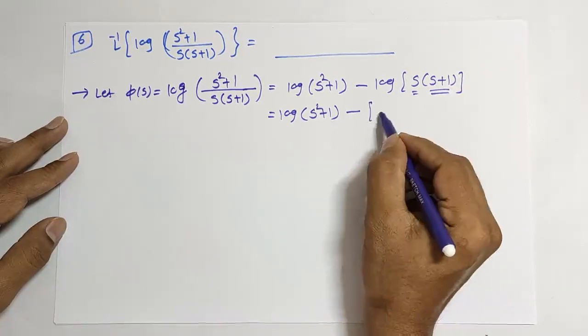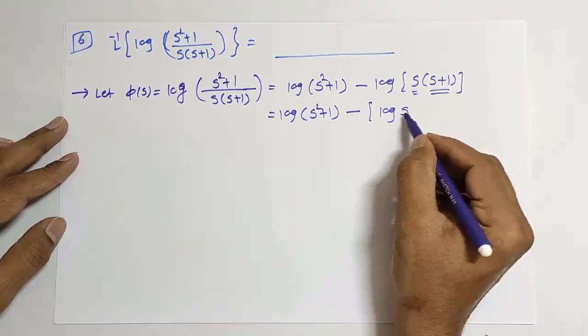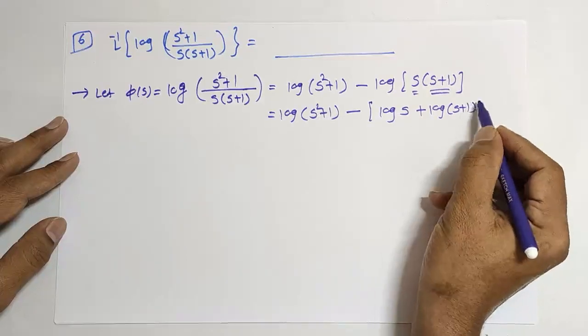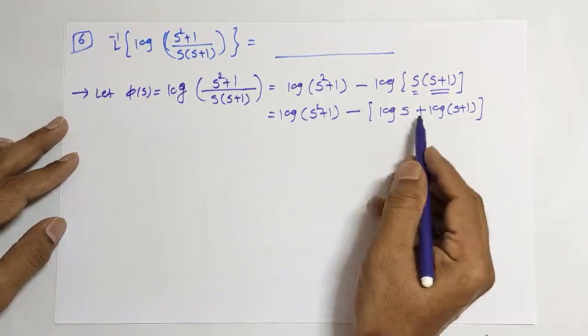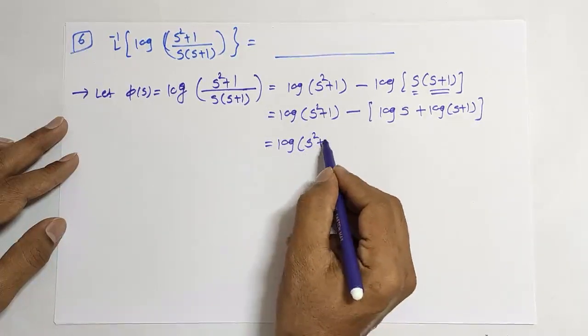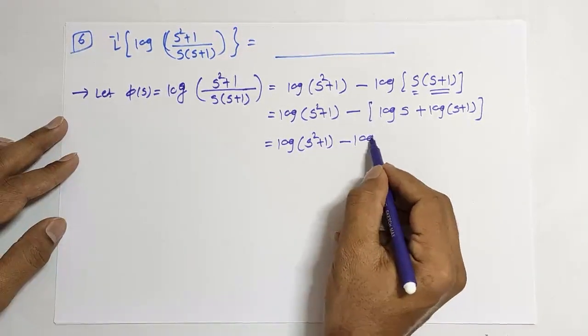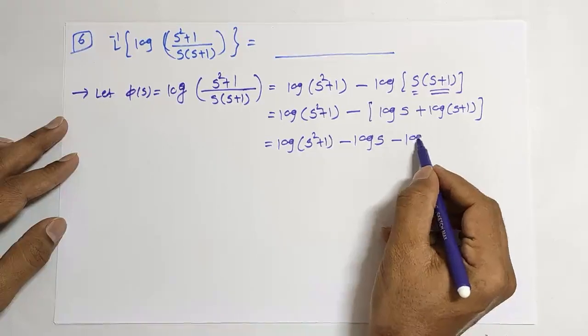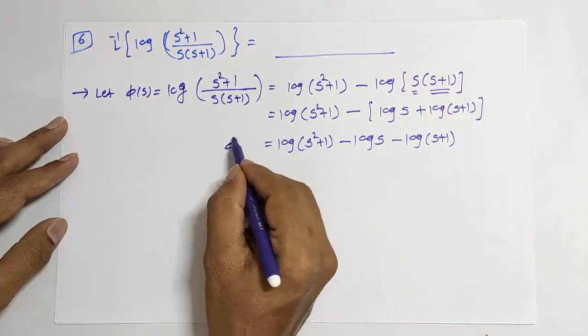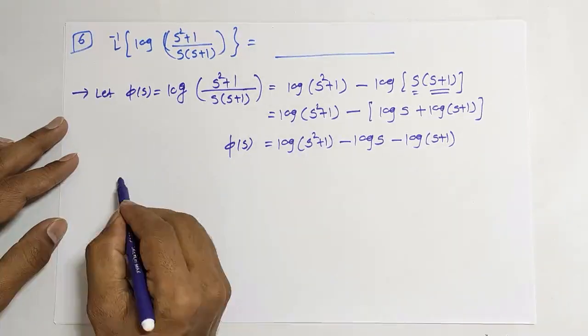This is equal to log of s plus log of s plus 1. ये जो माइनस साइन है ब्रैकेट के अंदर ओपन करो. So log of s square plus 1 minus log s minus log of s plus 1, right? तो ये हो गया मेरा phi of s.